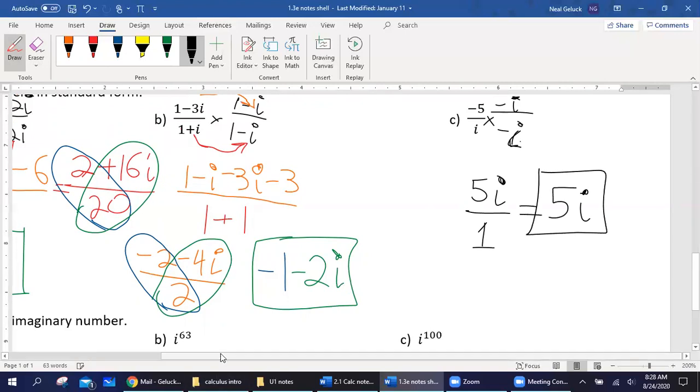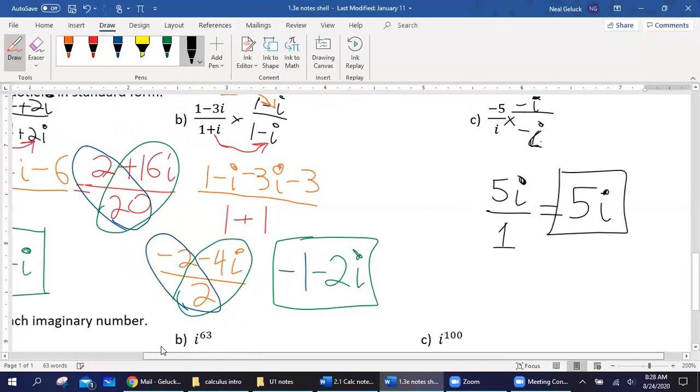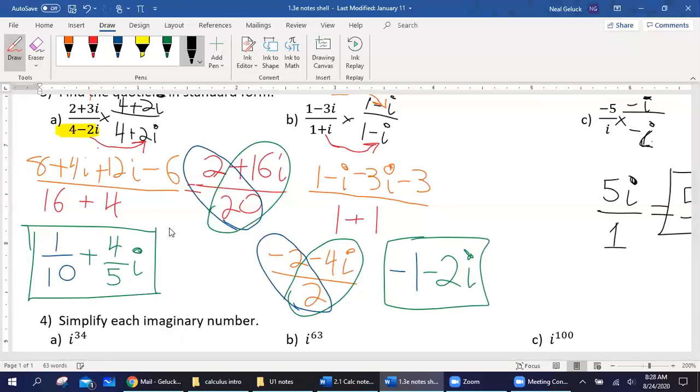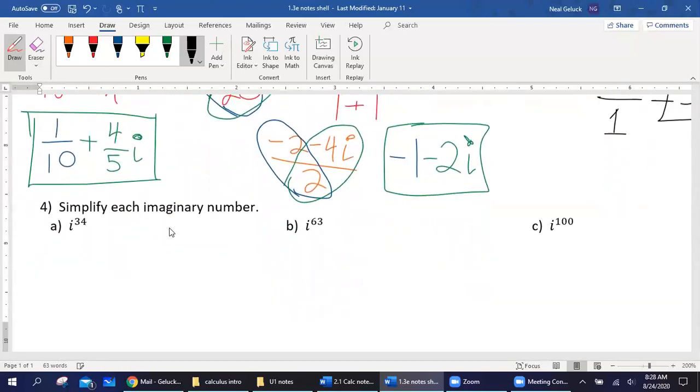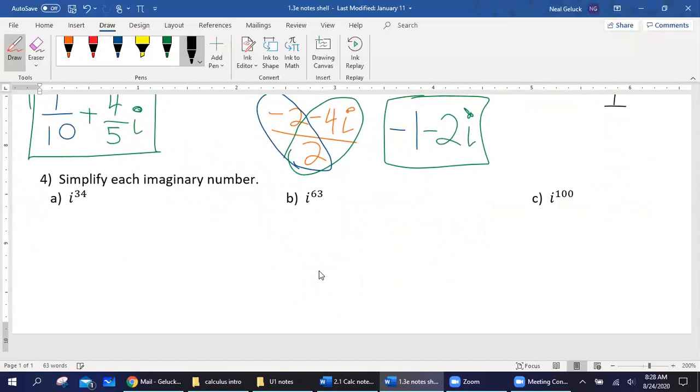The last concept we're going to talk about with this section goes back to that idea of the cycle of i. So i to the 34th, here's how I want to think of this. I know that every i to the 4th is 1.